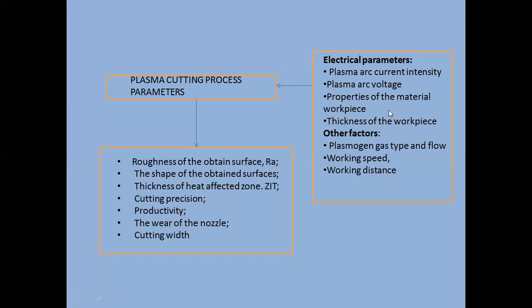So what are the different outputs that we can check? Roughness of the surface obtained, shape of the surface, thickness of heat affected zones, cutting precision, productivity, the wear of the nozzle, cutting width. These show the performance characteristics of the plasma cutting process.